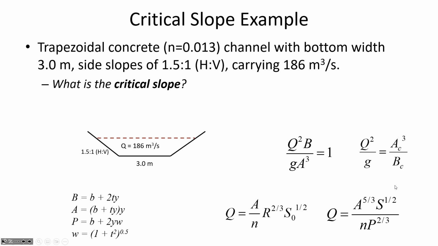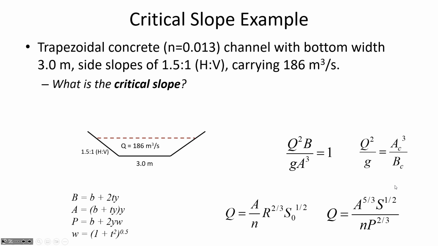So B plus Ty times y. And that is, for the area, 37.837 meters squared. Okay, so we've got the area and the wetted perimeter.